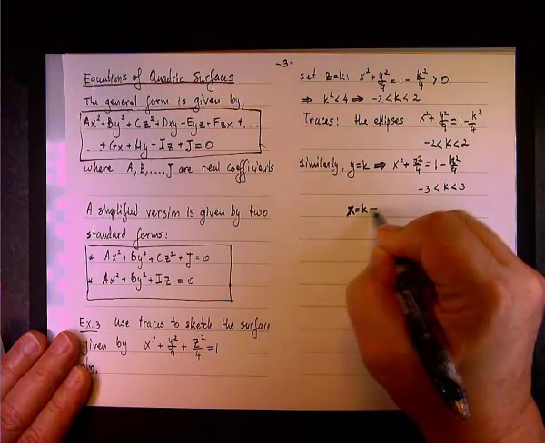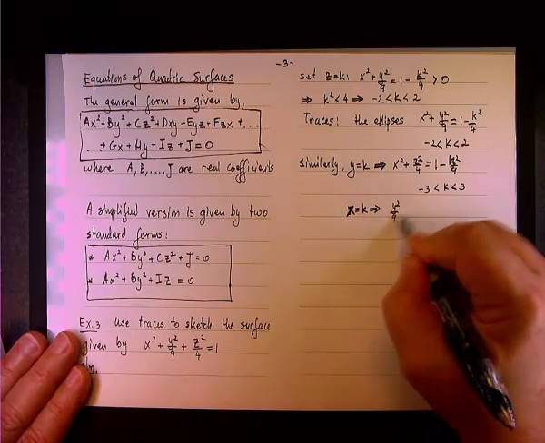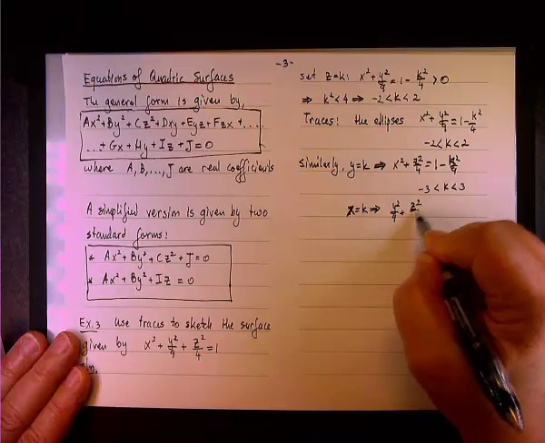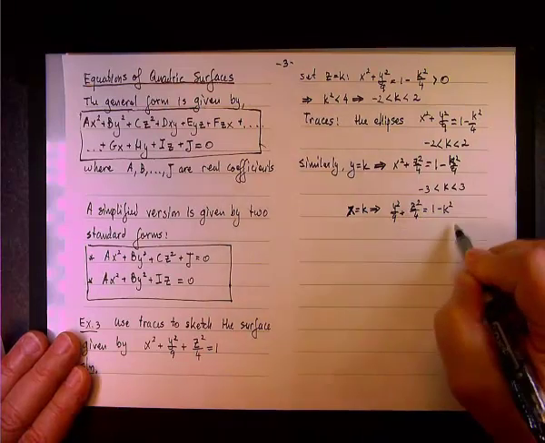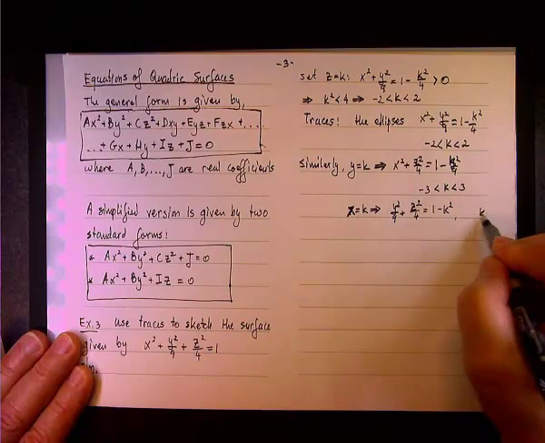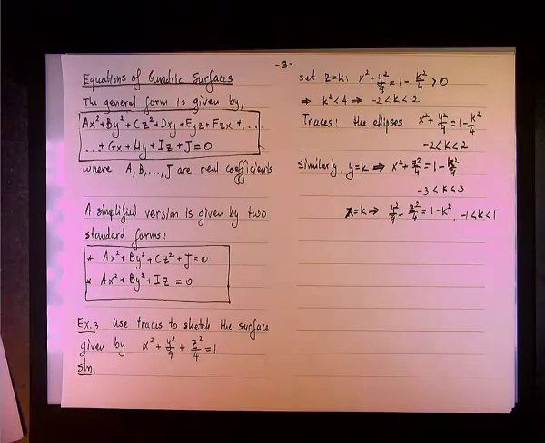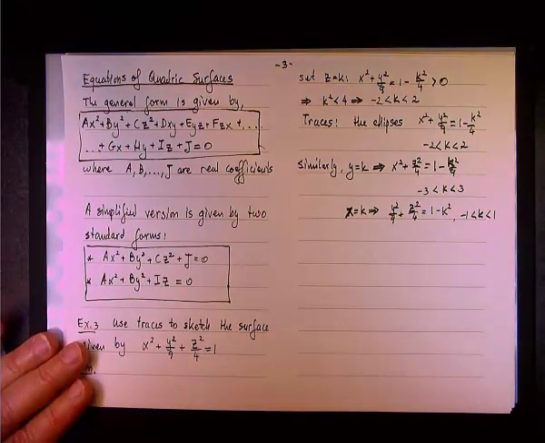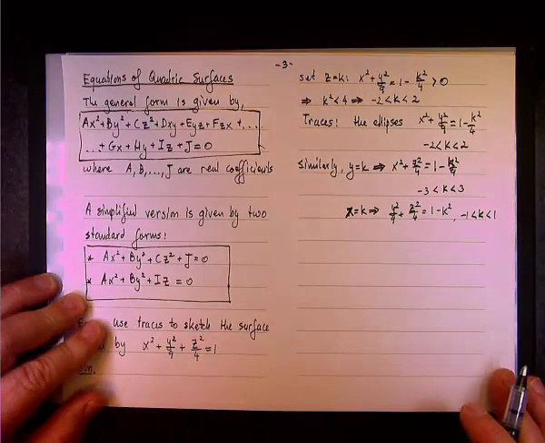And setting x equal to k gives you y squared over 9 plus z squared over 4 equals 1 minus k squared, and k is simply greater than -1 and less than +1. So you have these three families of ellipses.